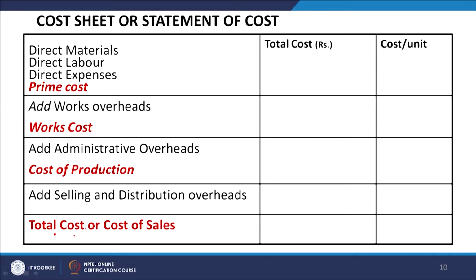We have arrived at this after starting from the first component of input, that is the direct material, then we have direct labor and direct expenses. These are the three expenses which are called direct, meaning without which you can't think of producing anything or generating any service.